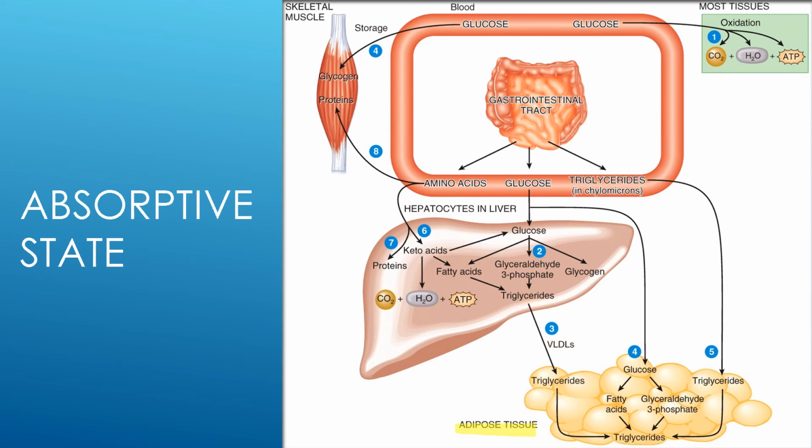Now, adipocytes will also take up some glucose that is not picked up by the liver. So this will be for number 4 here. And they're also going to convert it into fatty acids and glyceraldehyde 3-phosphate into triglycerides to be stored as well.